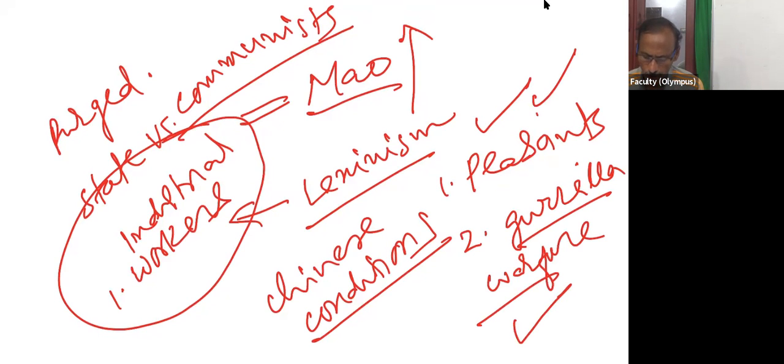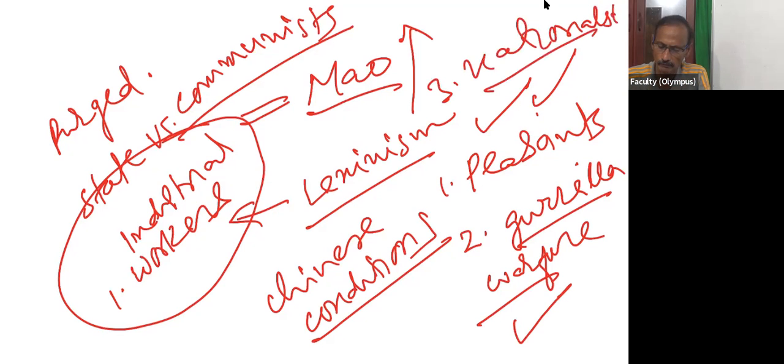So Mao would adapt Marxism, of course with the help of Leninism, to peculiar Chinese conditions. And also Mao is a nationalist. He would promote strong Chinese nationalism.